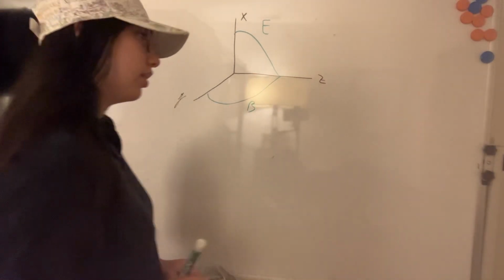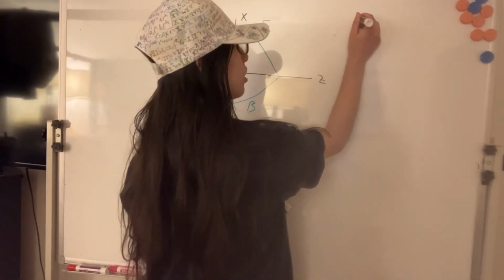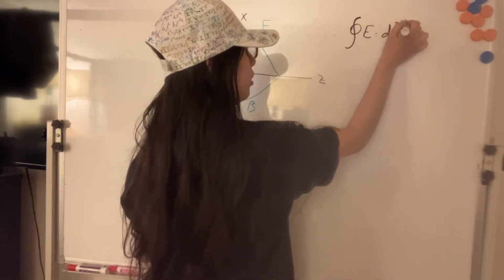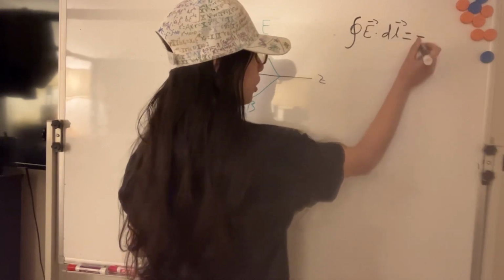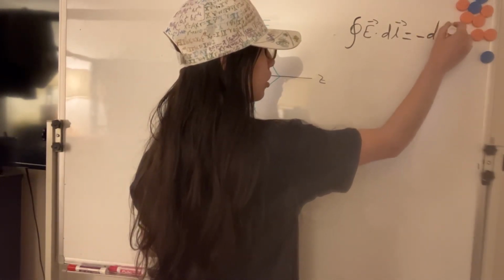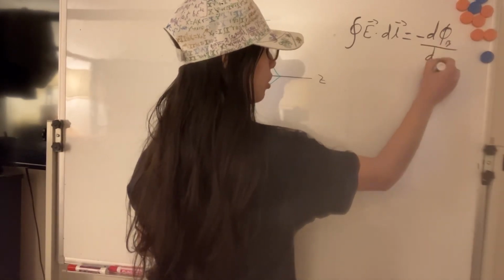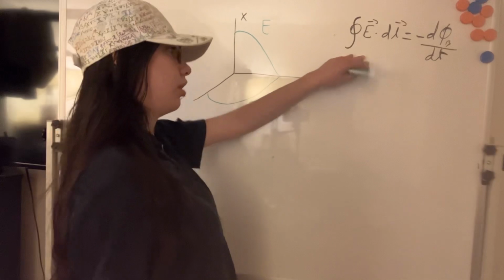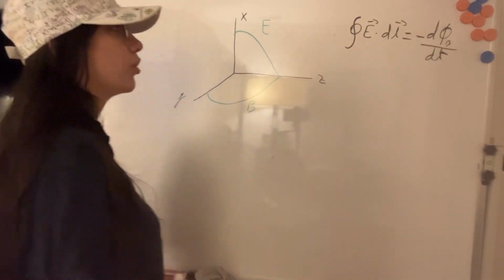So Faraday's law says that the closed loop integral of the electric field dot dl is equal to the negative of the change in magnetic flux with respect to time. So this is an induced EMF due to the change in magnetic flux.